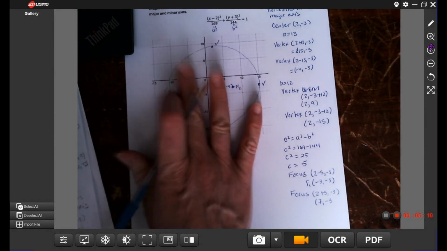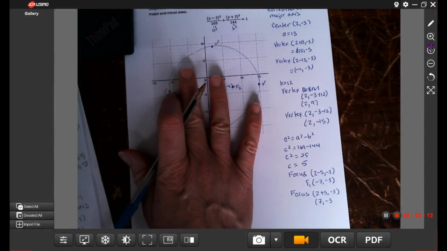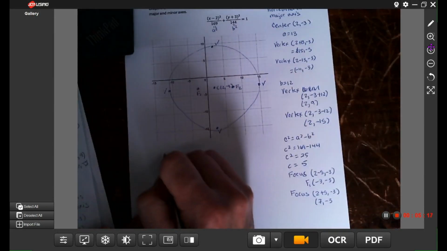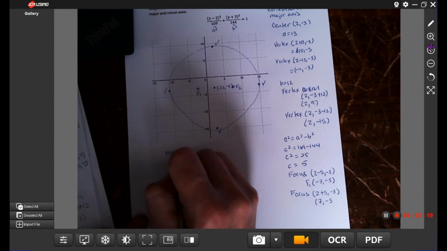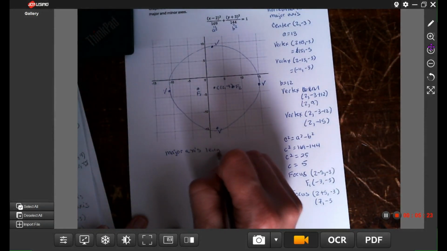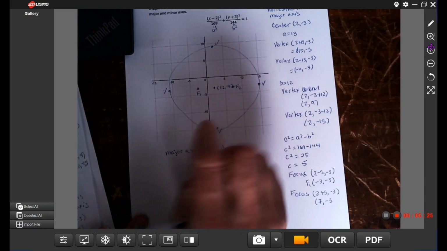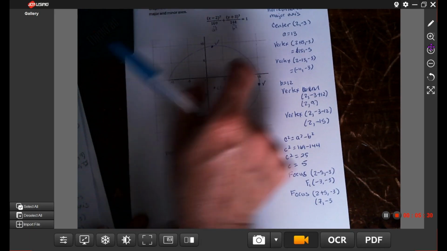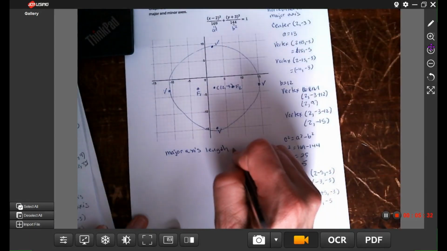And now we have all the things on the graph, and we also want to state the length of the major and minor axes. So the major axis, that's the horizontal one, has length. It's always twice a. So a is this distance. So remember a was 13, so it's twice 13.